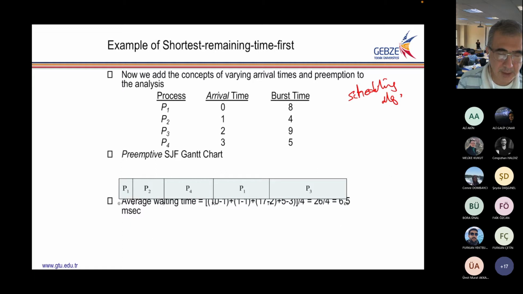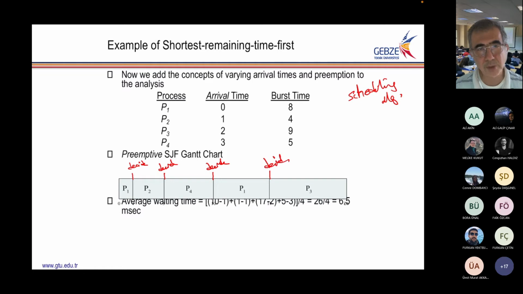So the scheduling algorithm is executed at these points. You can decide at those points. Why am I doing that? Because arrival times are different.